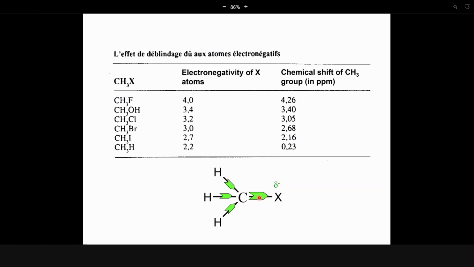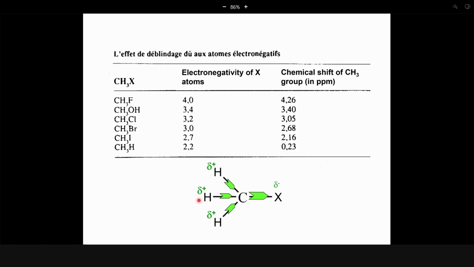This effect will be transmitted to the electrons between carbon and protons, and then we will have also a withdrawal effect to the carbon, and then the charge on the proton could be said to be delta plus.